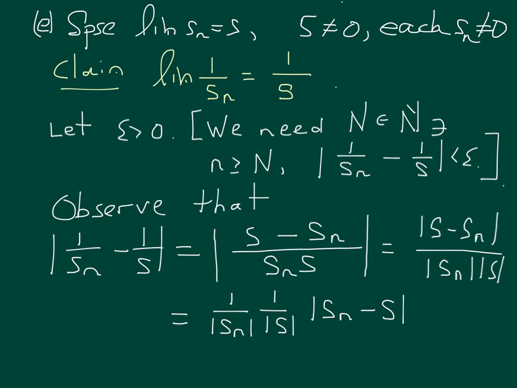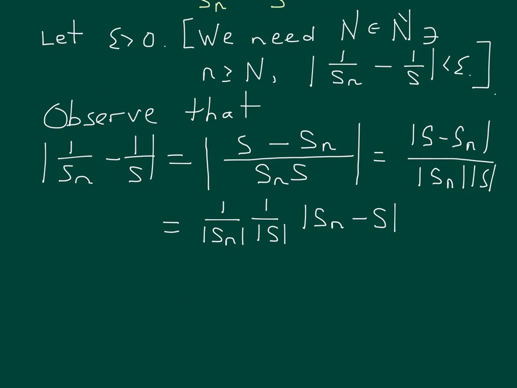Alright, so what do we know? Well, we know that because S sub n is converging to S, we can make this small. So remember, what are we trying to do? We're trying to make this distance here small. In other words, we're trying to make this distance here small, and this is the same as what we have here.